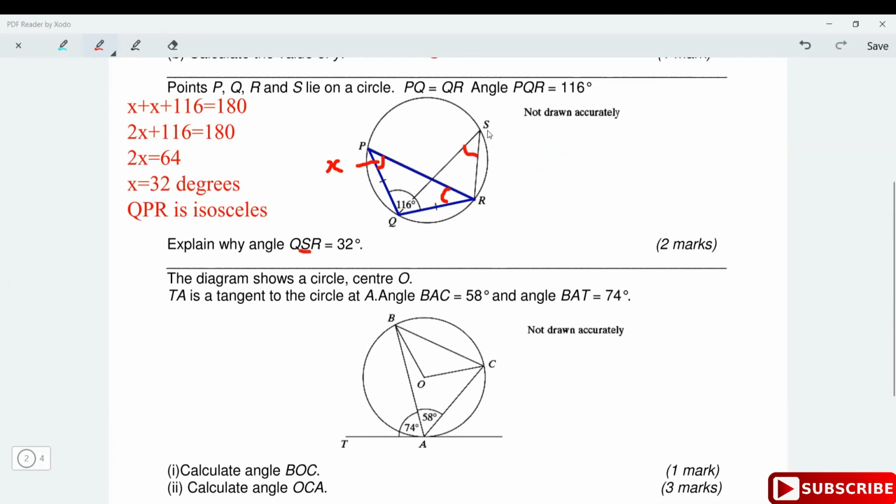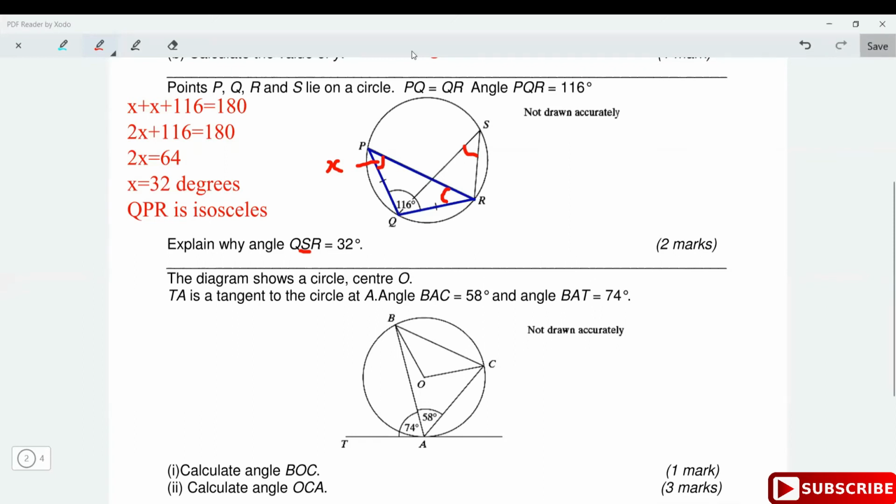Now, look at this. Angle RPQ is equal to angle RSQ. That's because angles in the same segment are equal when they're formed by the common chord QR. So we're done.